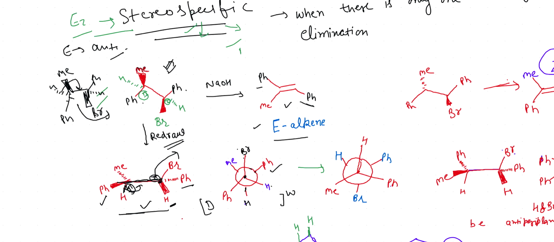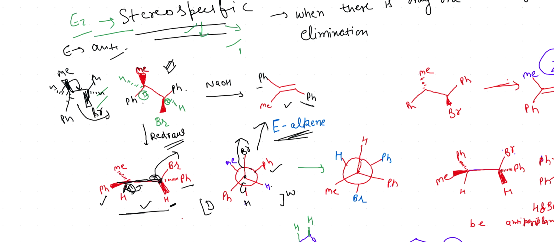When hydrogen is abstracted and bromine is removed, there is formation of an alkene. You can see in this both the phenyl groups are opposite to each other. That's why it is giving E alkene. Clear? So this is the theory behind the formation of E alkene over here.